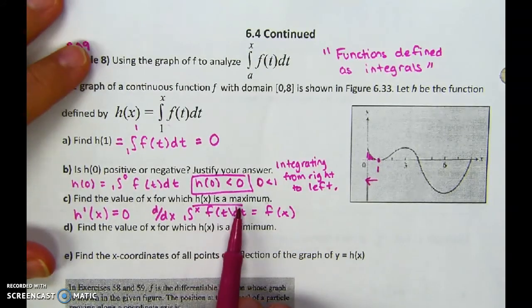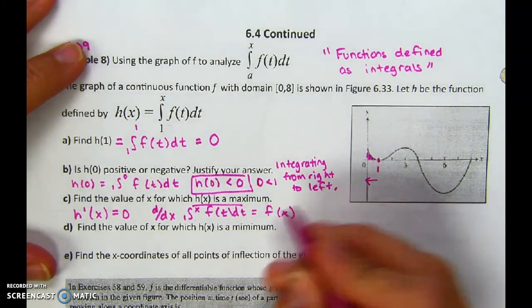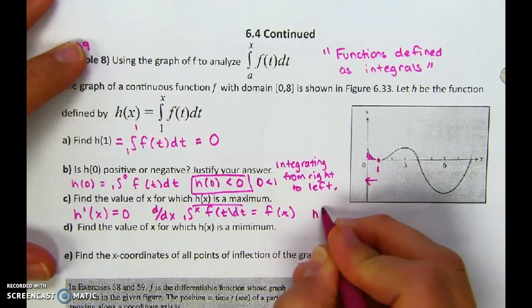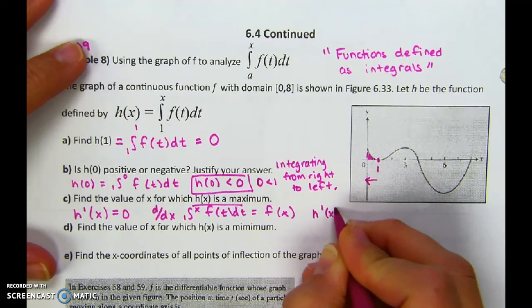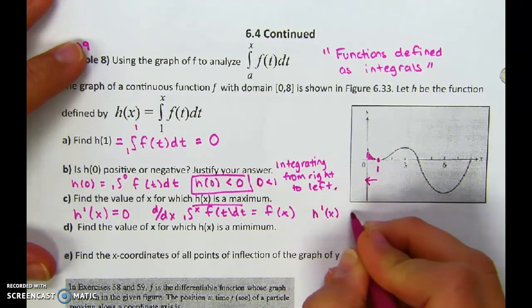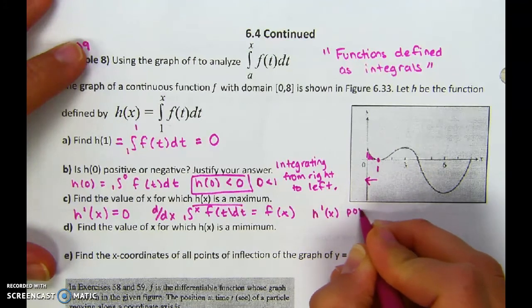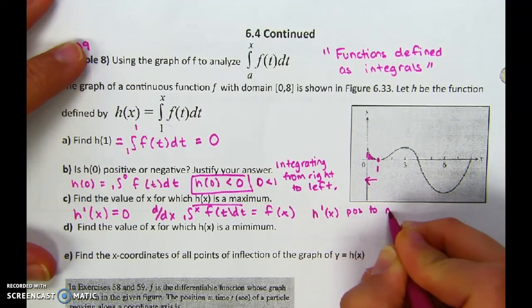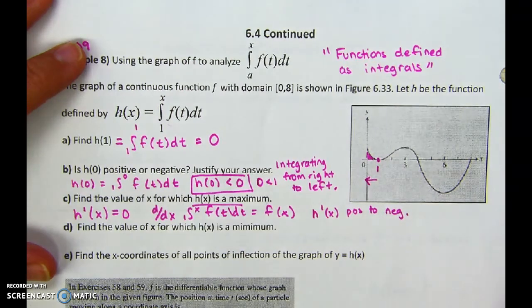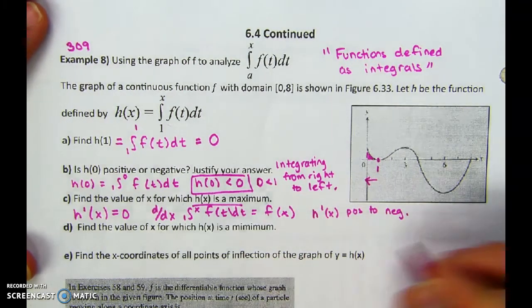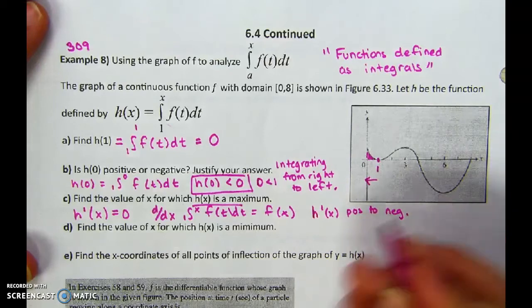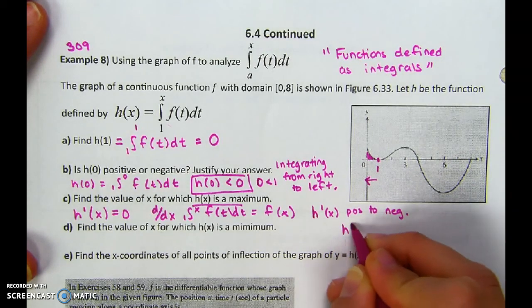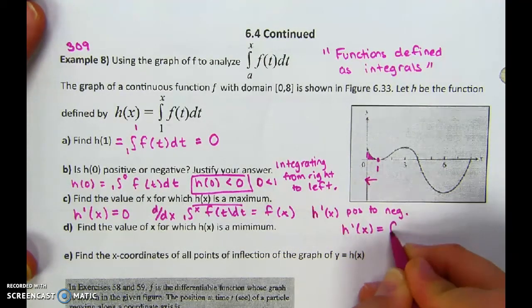h will have a maximum when h prime changes from positive to negative. We memorized that, right? It was a quiz, a fill-in. Well, h prime is equal to f of x.